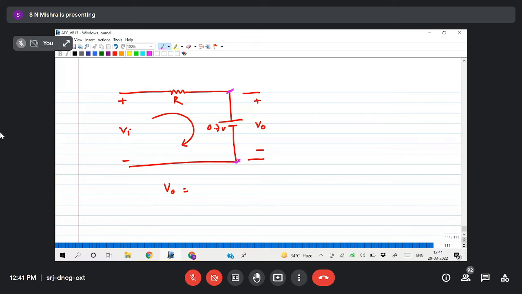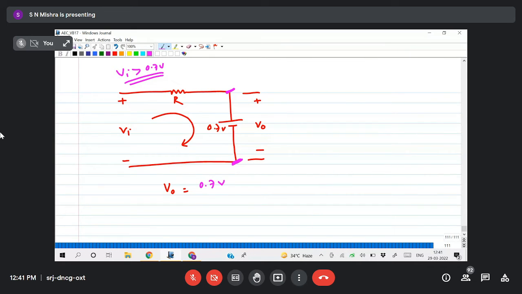If I measure with a multimeter between these pink dots, what will I get? What is the potential difference between these two points? So 0.7. 0.7, very good.